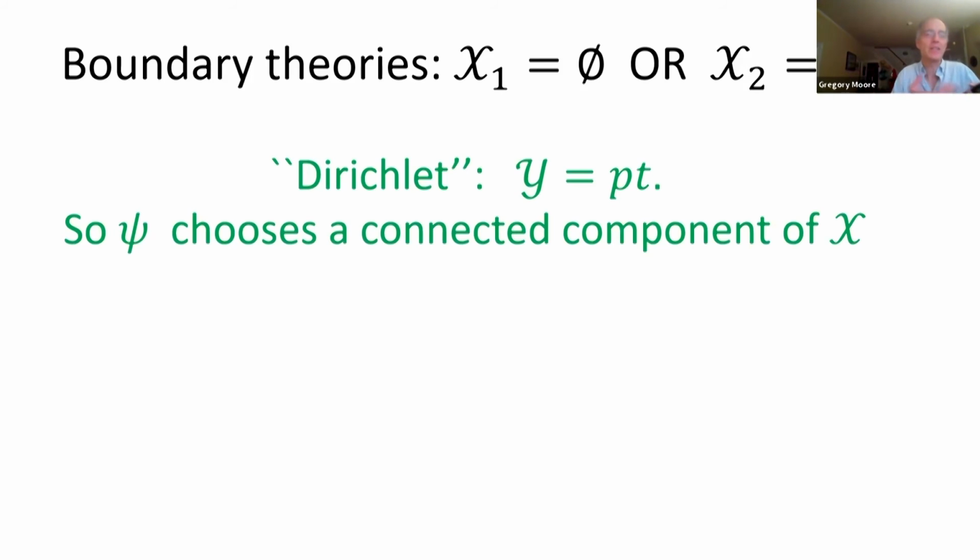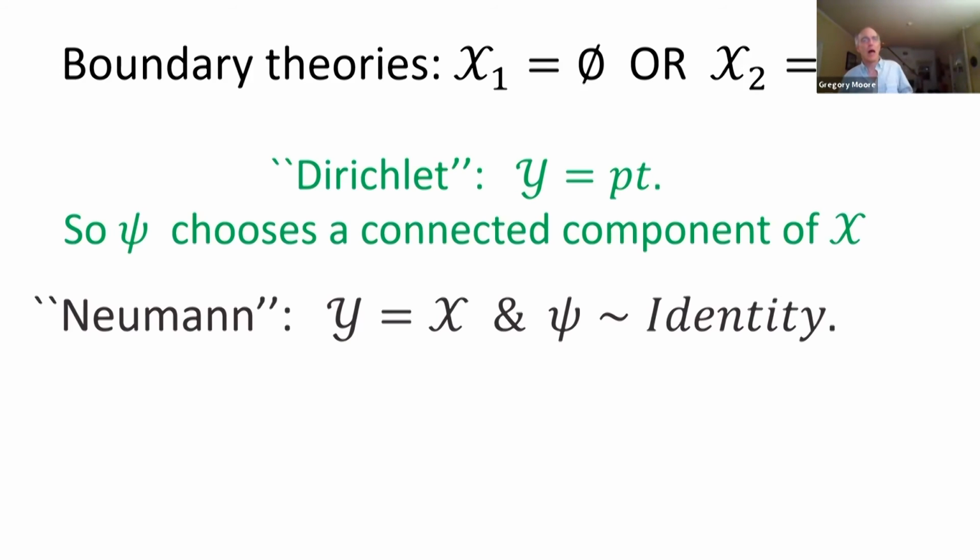So then what is psi? Psi is a map from a point into X, considered up to homotopy. So psi just chooses a connected component of X. Those we call Dirichlet boundary theories. And then another canonical thing we could do is take Y to be X itself and demand that psi be homotopic to the identity. Those we call Neumann boundary theories.